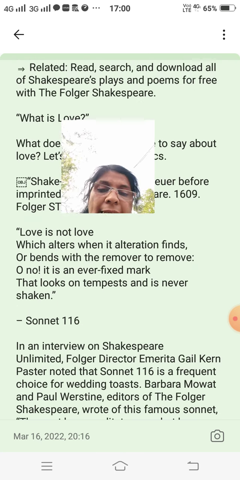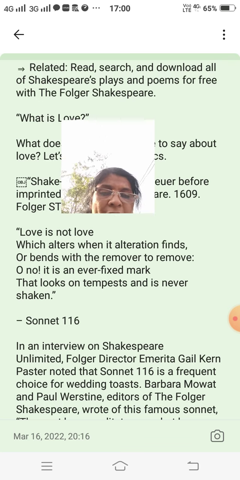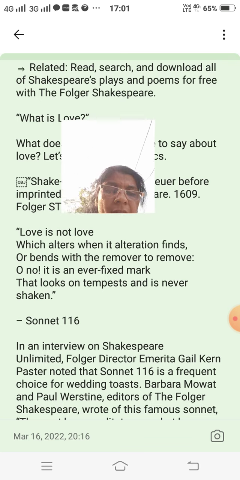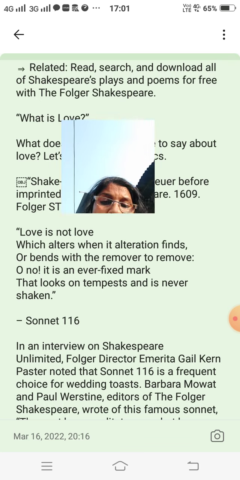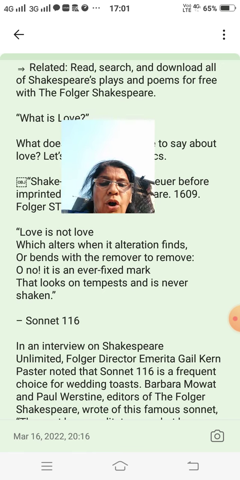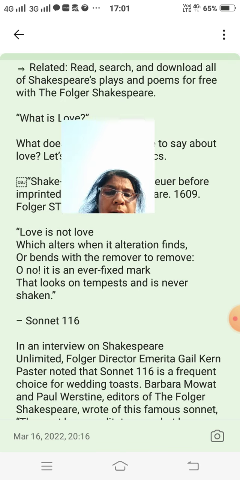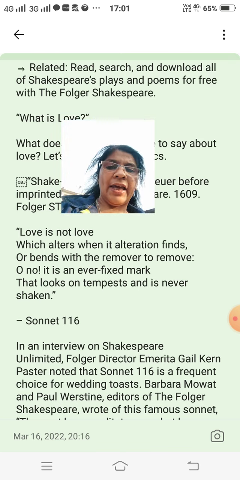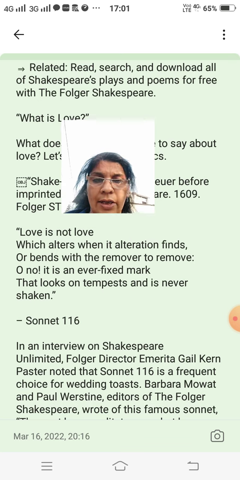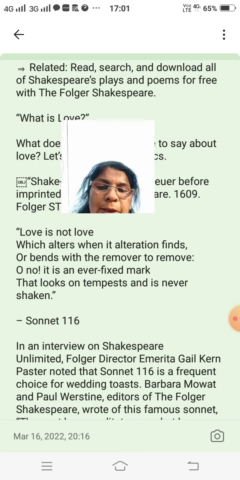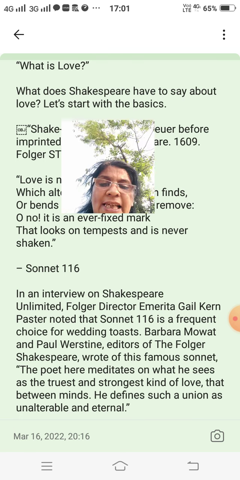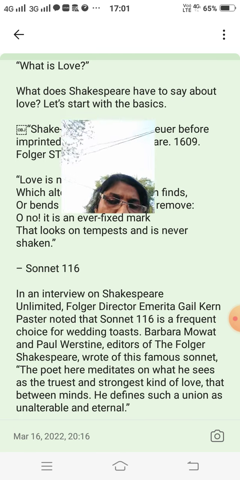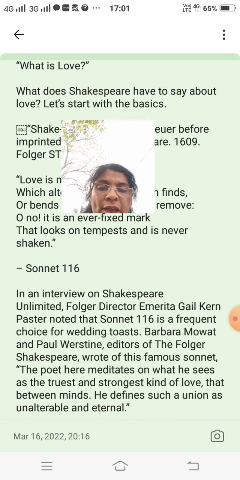Sonnet 116. In an interview on Shakespeare Unlimited, Folger director emerita Gail Kern Paster noted that Sonnet 116 is a frequent choice for wedding toasts. Barbara Mowat and Paul Werstine, editors of the Folger Shakespeare, wrote of the famous sonnet: the poem here meditates on what he sees as the truest and strongest kind of love, that between minds.